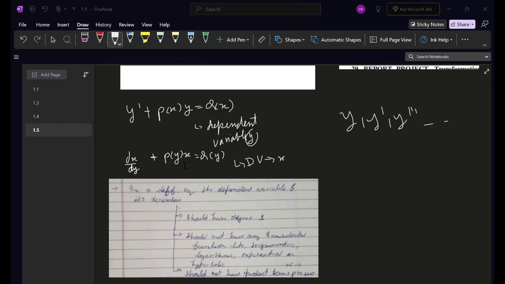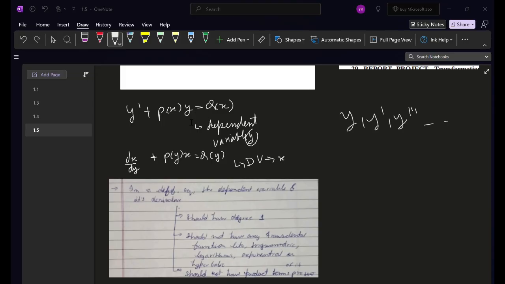Here are some more examples. This one, as you can see, is y'' x² + y x y'. The dependent variable, which in this case is y, can be multiplied with other things like x, but it cannot be multiplied with itself.